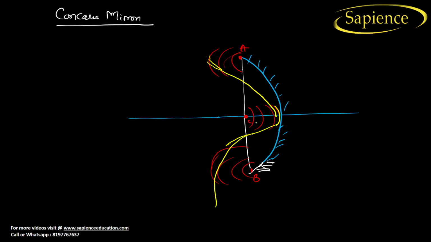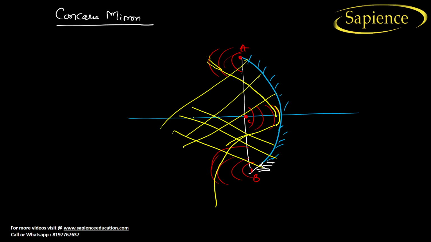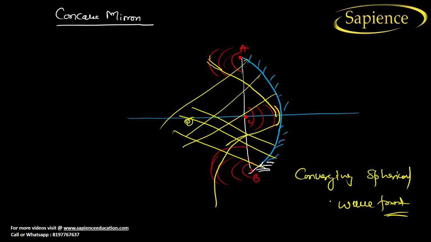So finally, if you draw the light rays perpendicular to this, what you will get? See, you will get light like this. So this is converging. So it is a converging spherical wavefront. I hope you have understood this converging spherical wavefront, right?